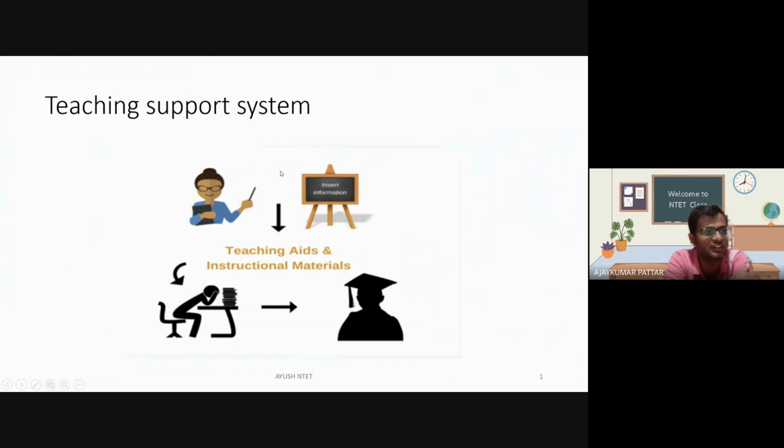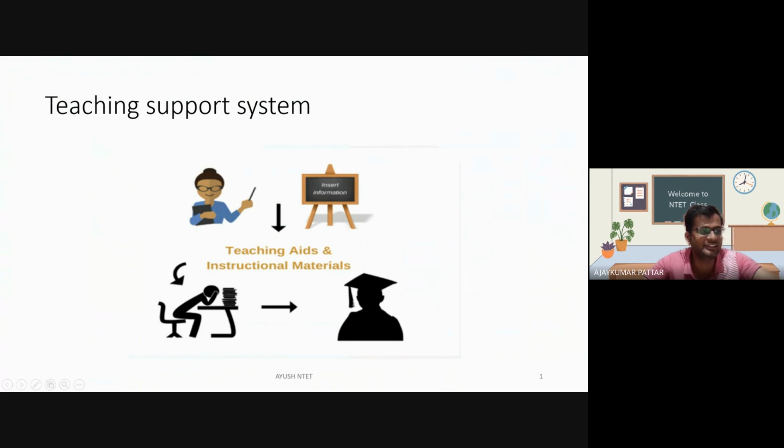Today's session is the teaching support system. In the teaching-learning process, certain things support teaching. What are these support systems? Like teaching aids and instructional materials.